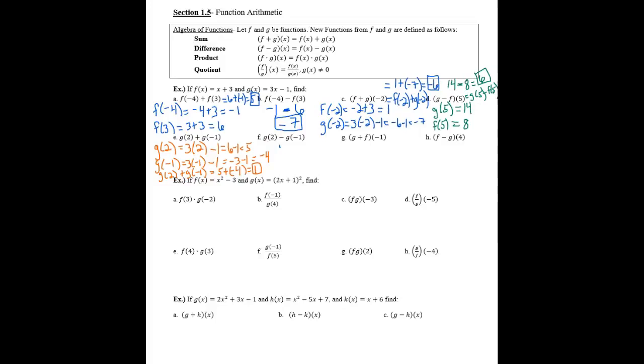So G of 2 was 5 minus G of -1 was -4. So just be careful, make sure that you are using this negative here, and it's a -4. So we are subtracting a -4. When we subtract a negative, that becomes plus, and we end up with 9 overall.